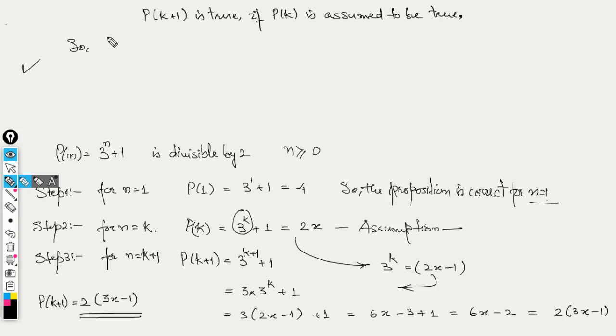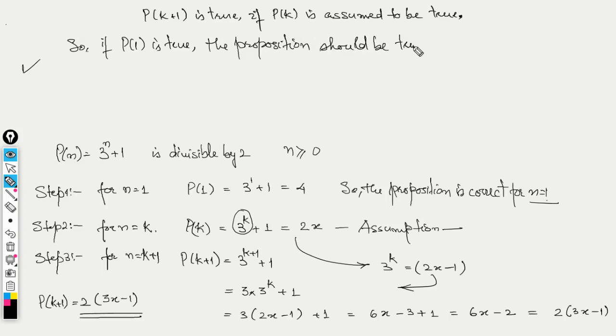So, if p of 1 is true, the proposition should be true for all consecutive integers.